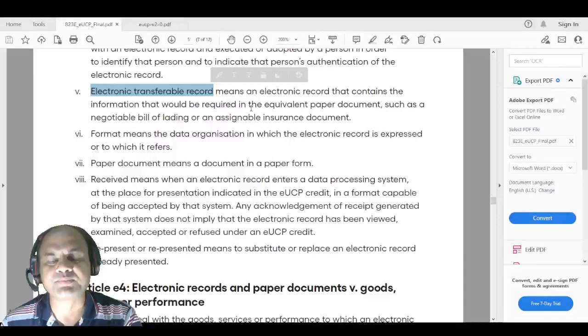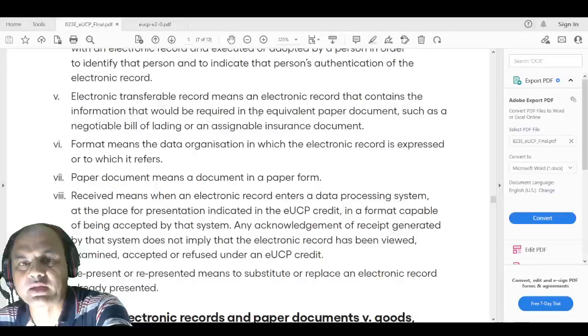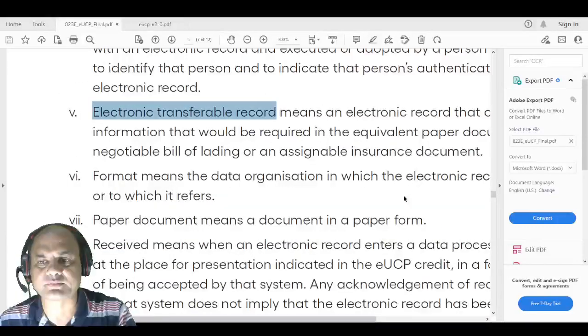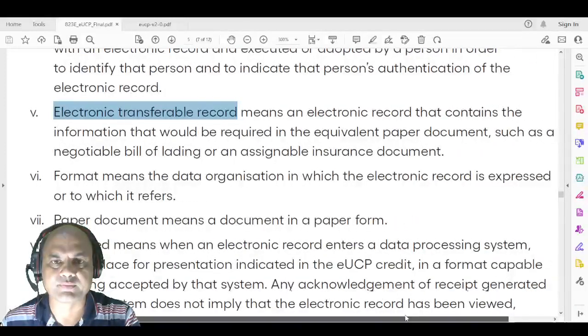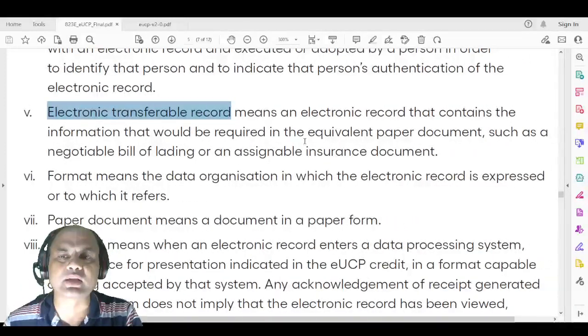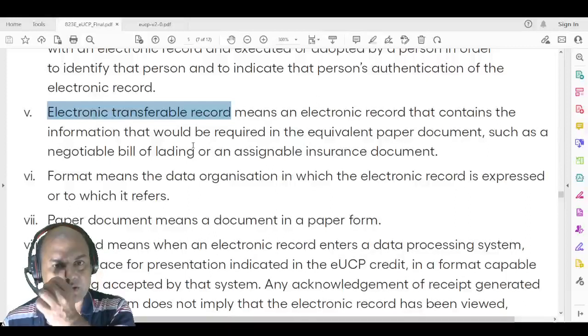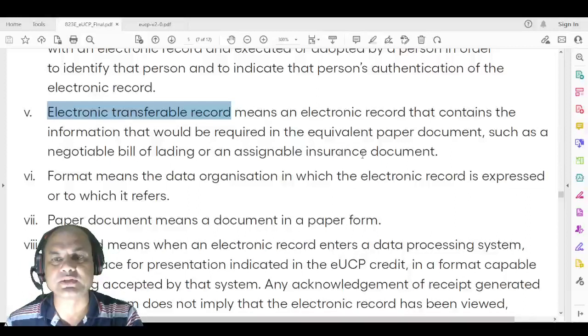Now what does it mean? Electronic transferable record means an electronic record that contains the information that would be required in the equivalent paper document, such as a negotiable bill of lading or an assignable insurance document.